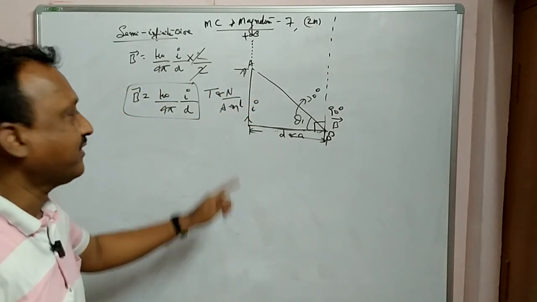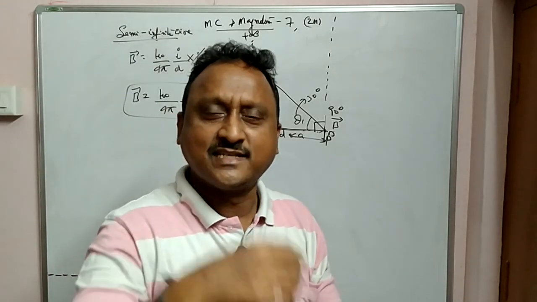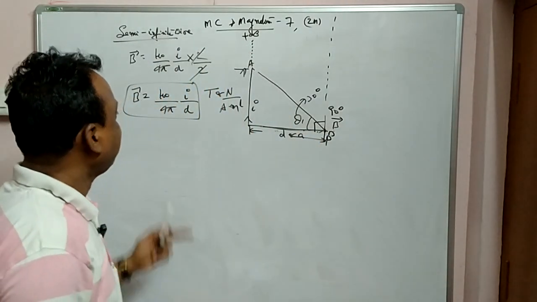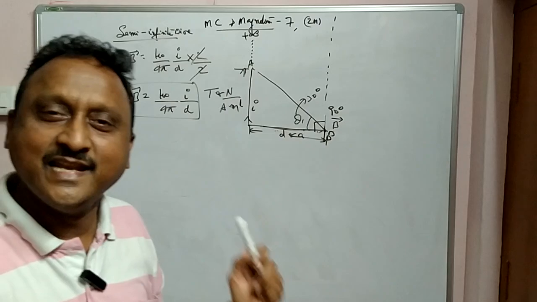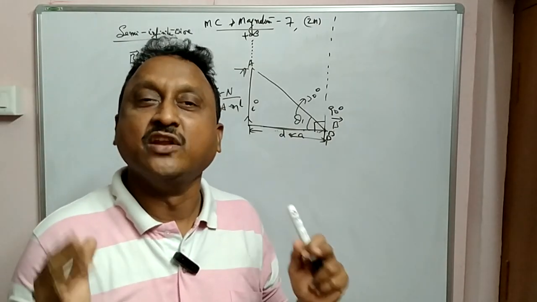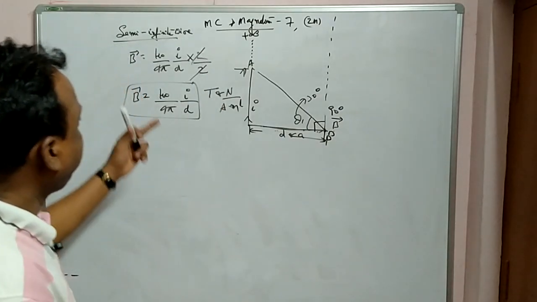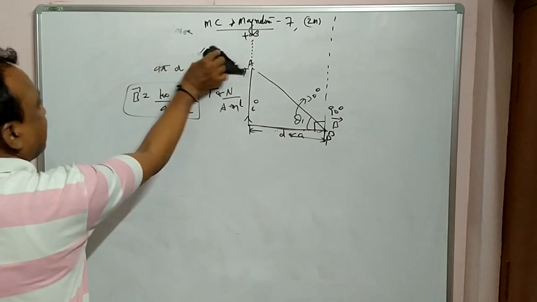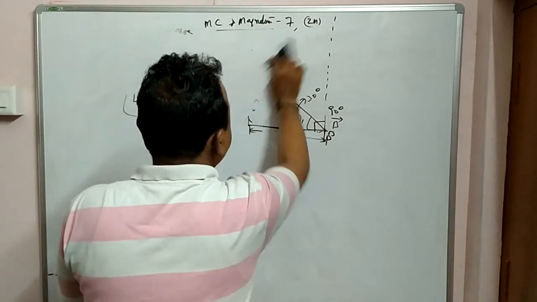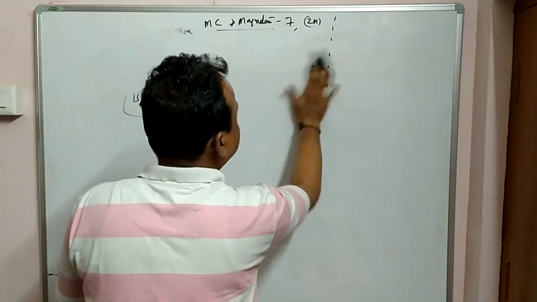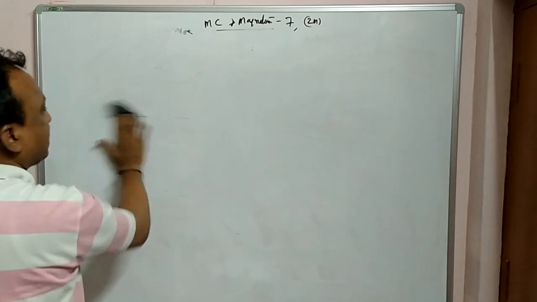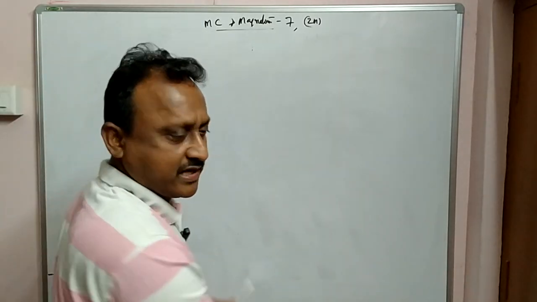Any unit you can write down. I is the current, D is the distance between the point P and the wire, and the remaining are all constants. Very easily you can remember the formulas, and also you can use them in the examination for numericals. Very easily you can score the marks in MHT-CET or NEET.